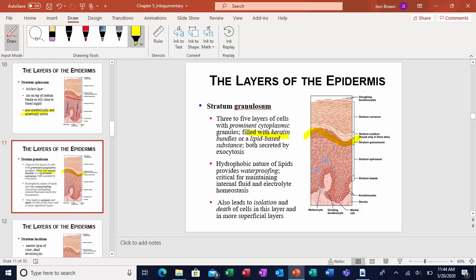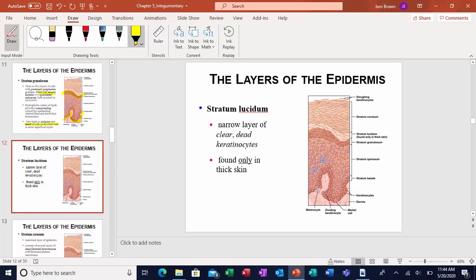Now, they are far enough away from that basement membrane down here that they're not going to be getting nourishment and oxygen from the blood supply in the connective tissue. So they are going to die, and they really become squamous and flat, and they die by the time they get here.